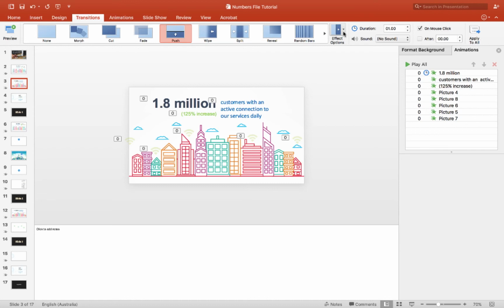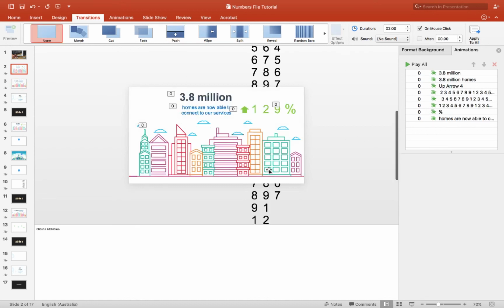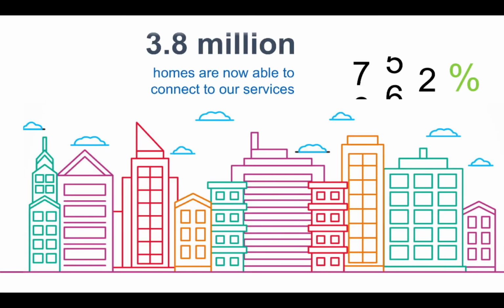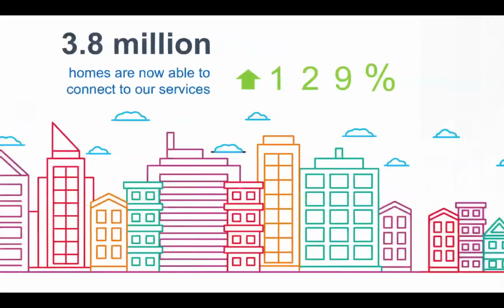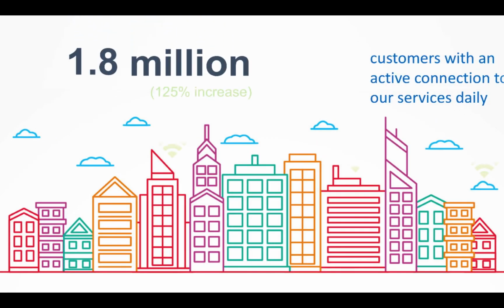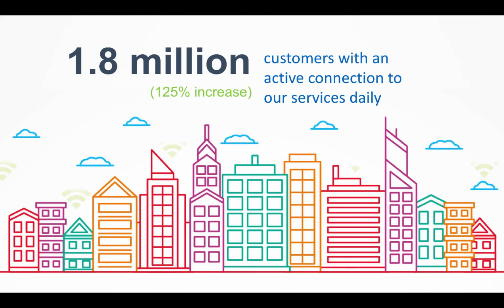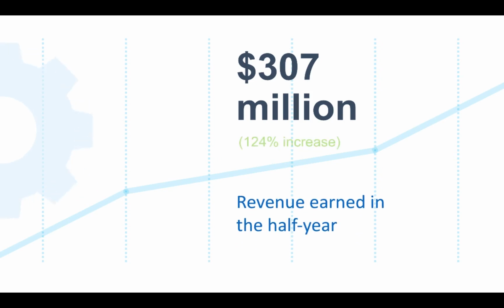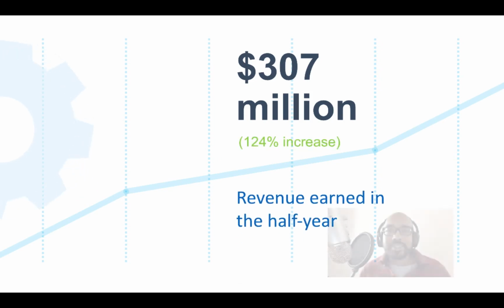So click from right, and that's it. So when you go to the first slide and you click on play, you get the first slide appearing, animations and all, and then when you click on next, it pushes from the right. And then the next one pushes from the bottom.